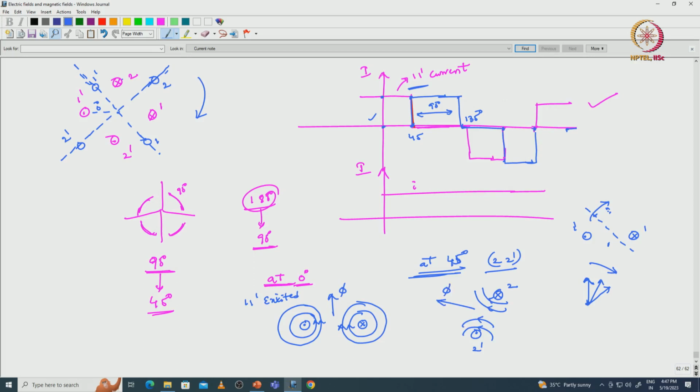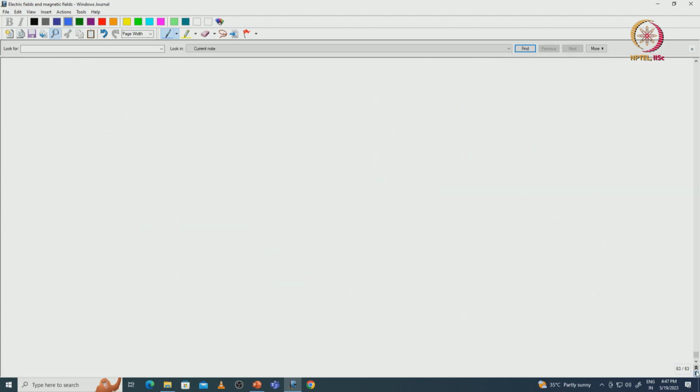Less than 45 degrees we have seen the resultant flux is moving along with the rotor direction in this fashion. Okay. But at 45 degrees the resultant flux vector is in this direction. Okay. If I draw in an xy plane, I am considering the xy plane in this manner.